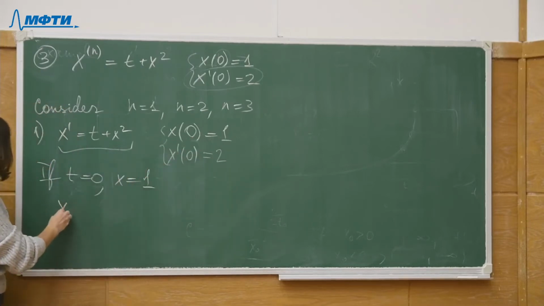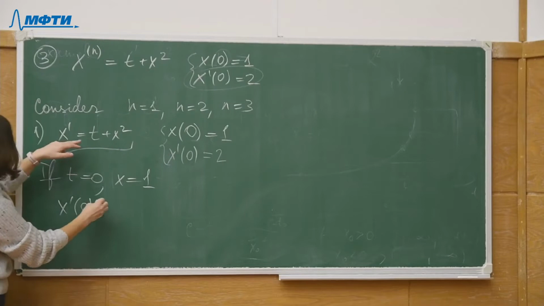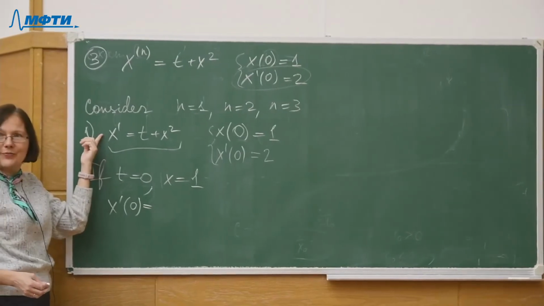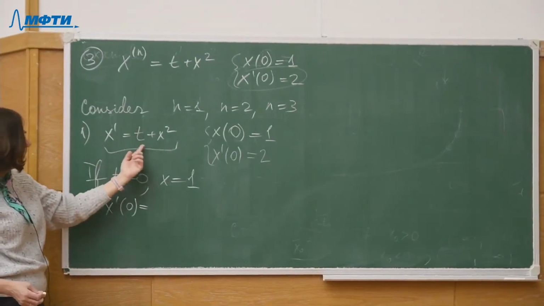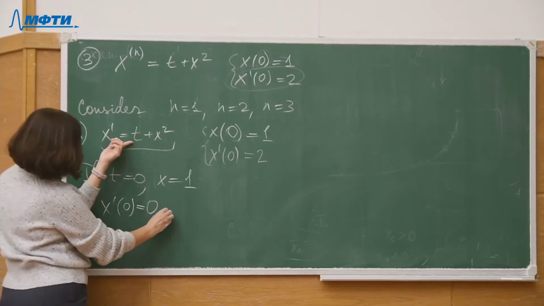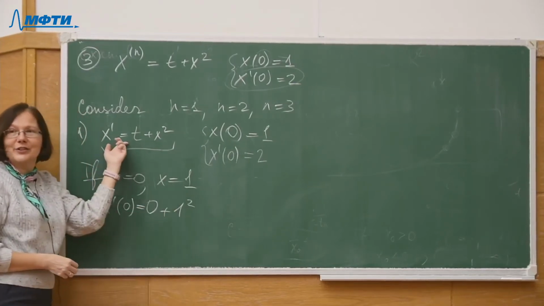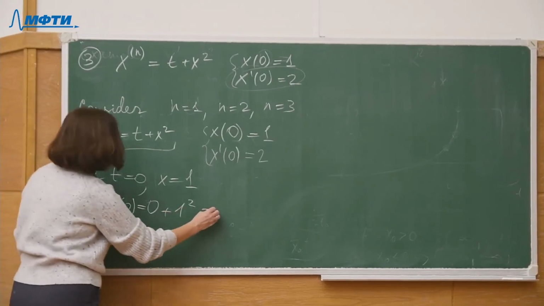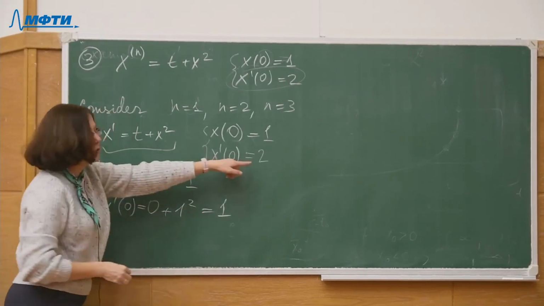Let's find x prime of 0. Our solution x must satisfy this differential equation. So x prime is given by this formula. So substitute 0 for t, substitute 1 for x. Is it clear? Right? And so we can find that x prime of 0 is equal to 1, not 2.